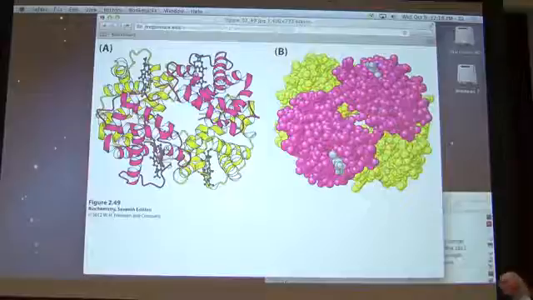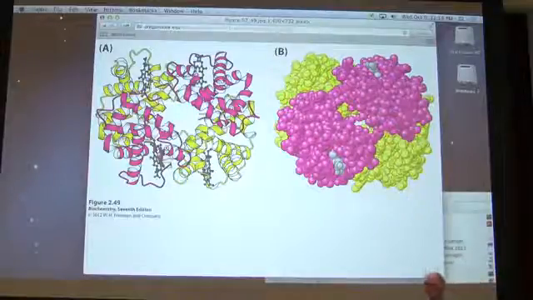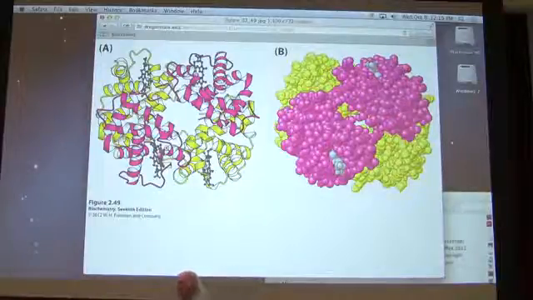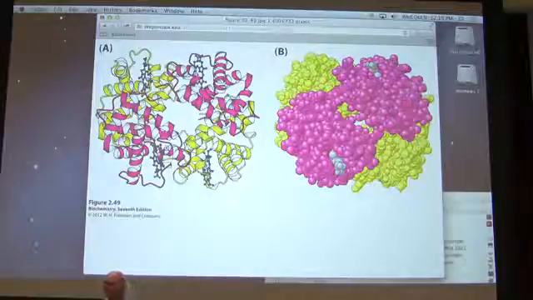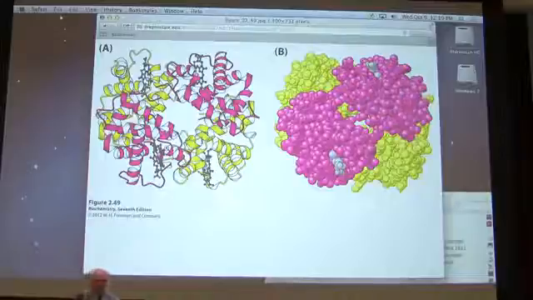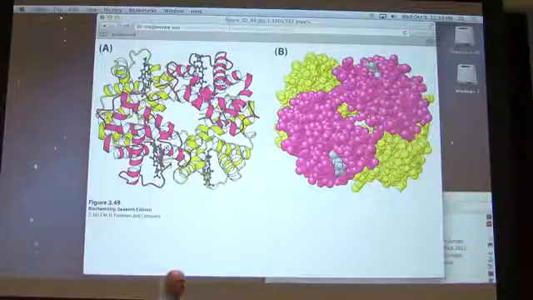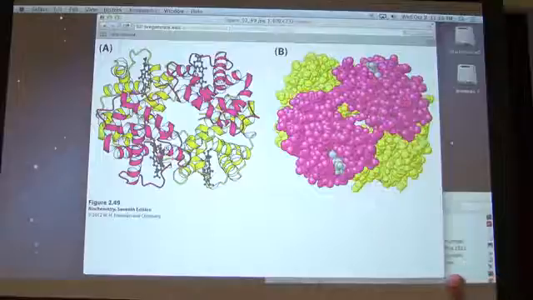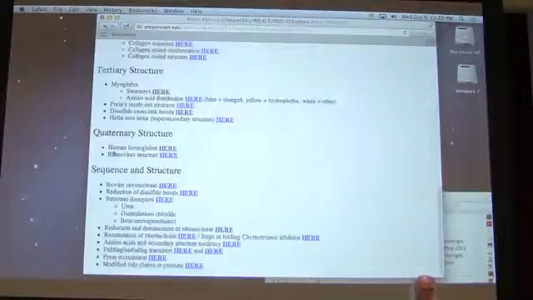Now, notice all proteins don't have quaternary structure. Not all proteins are multi-subunit. Myoglobin that I showed you earlier is not a protein that has quaternary structure because it only has 1 subunit. It takes at least 2 to interact, right? Hemoglobin, which is related to myoglobin, has 4 subunits. And we'll talk more about both of those later. Okay. So that's quaternary structure.